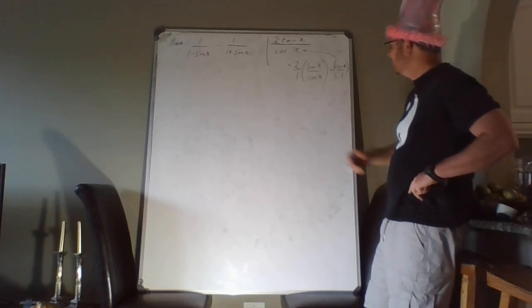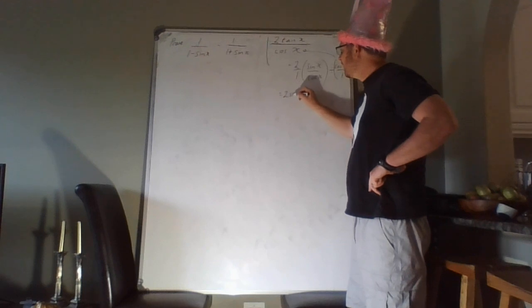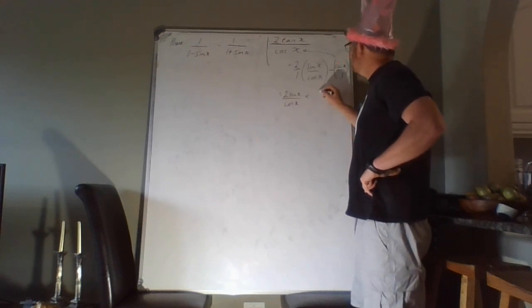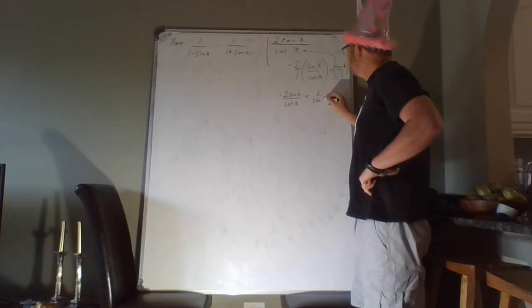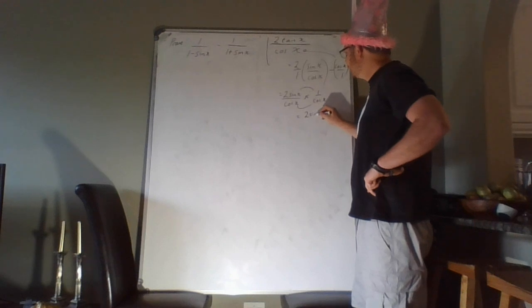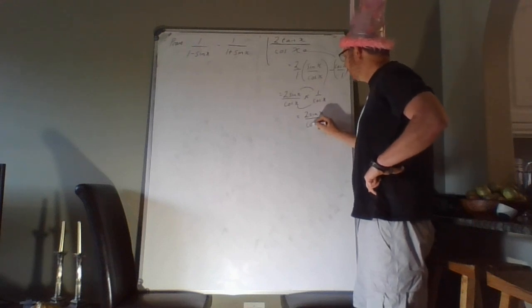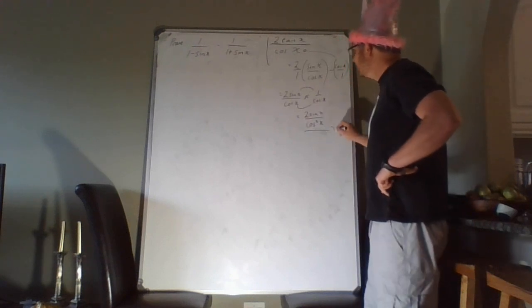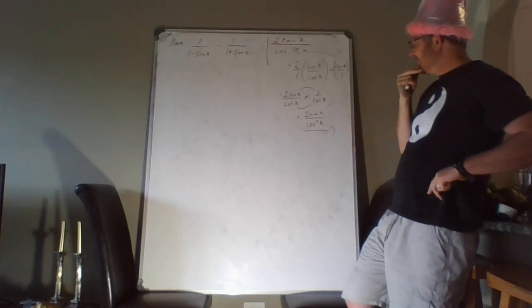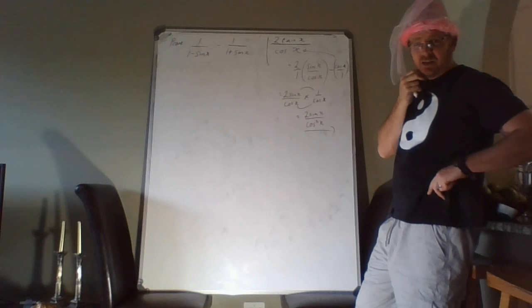And then I'm going to end up with 2 sine x over cos x times 1 over cos x, times fractions, times the top times the bottom. So I get 2 sine x over cos squared x. So now the question becomes, show that this over here is equal to 2 sine x over cos squared x.